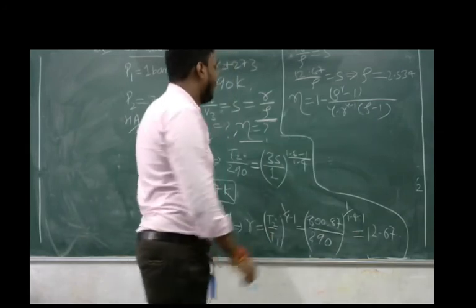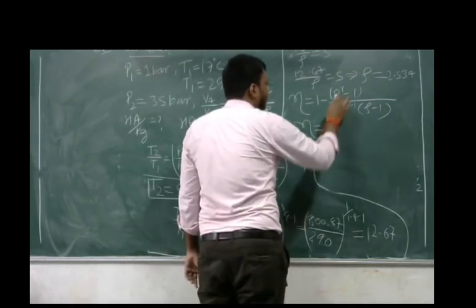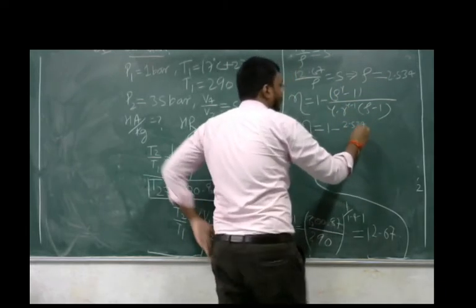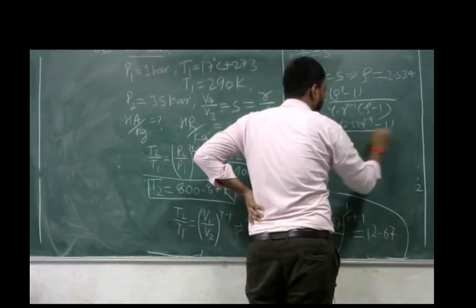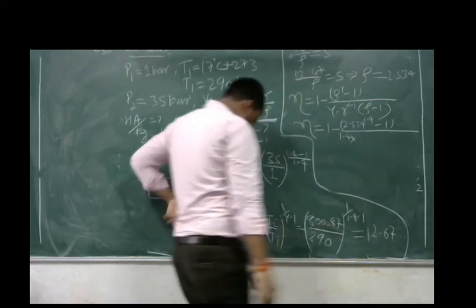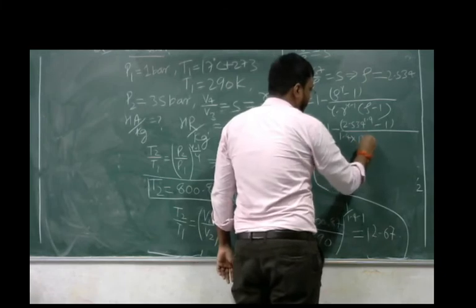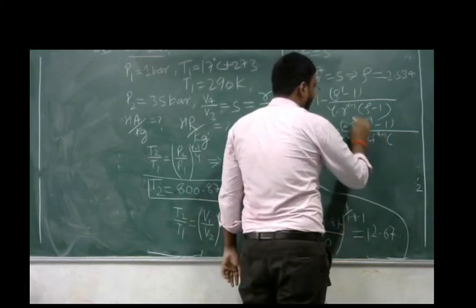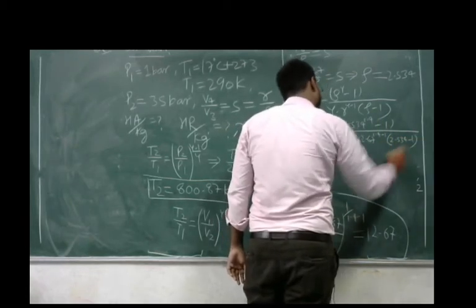Put all the values: 1 minus 2.534 to the power 1.4 minus 1, divided by gamma equals 1.4 into r equals 12.67 to the power 1.4 minus 1, within bracket rho minus 1, which means 2.534 minus 1.